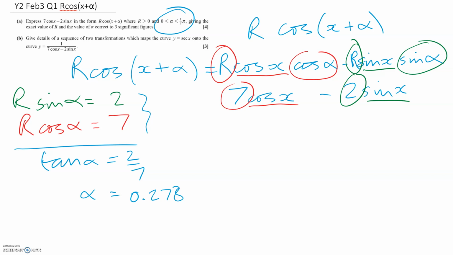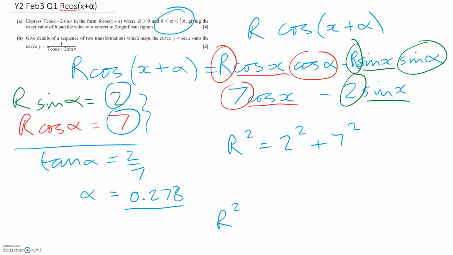To find r, you could just substitute that back into one of the two equations, but r squared will always equal this squared plus this squared. The reason for that is due to sin squared plus cos squared equaling 1. If I just quickly show you, if we square the top equation, we get this.